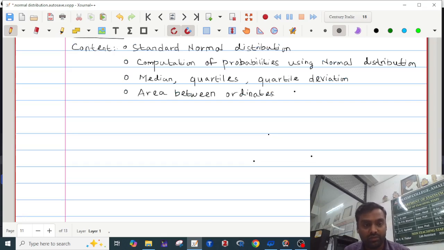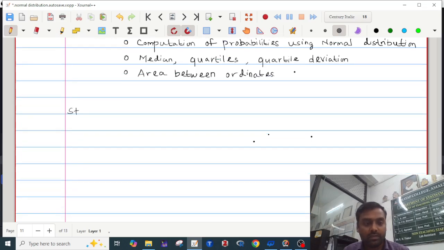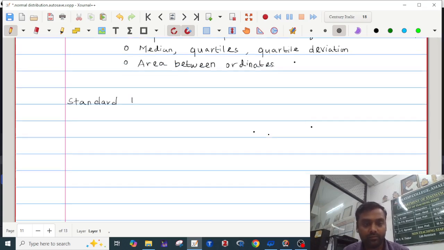Standard normal distribution. Let X follow normal distribution with parameters mu and sigma square.